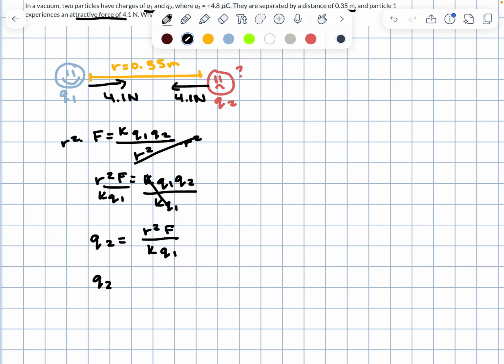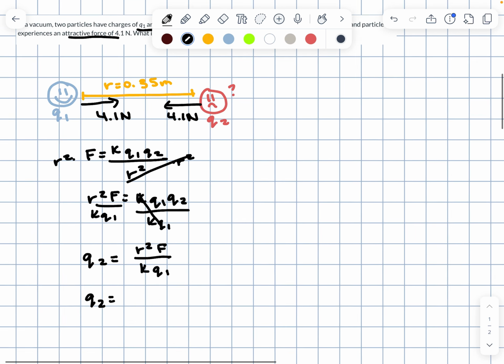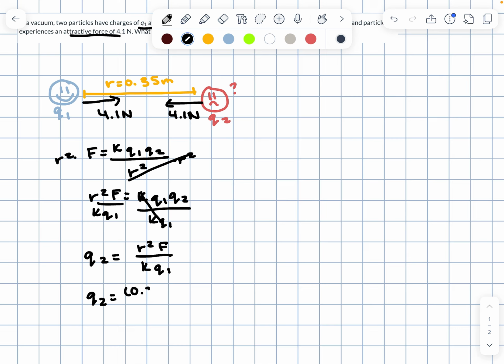So now we can plug in our values, which makes our life a little bit easier. We see that Q2 equals our r squared, which is 0.35 meters squared, times our force, which is 4.1 newtons, over our constant, which is 9 times 10 to the 9th, and then times 4.8 times 10 to the negative 6 coulombs.